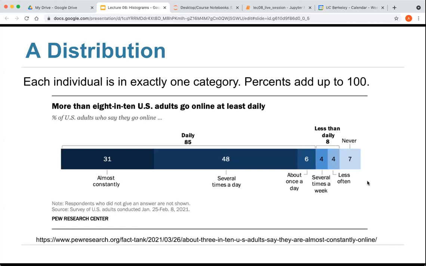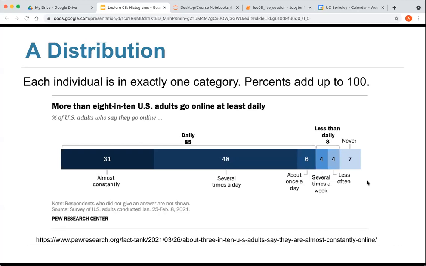And they are in slightly different shades of blue, right? So the darkest blue represents the people who go online almost constantly, you know who you are. And then going all the way to the left-hand side, the lightest shade is for those who never go online.